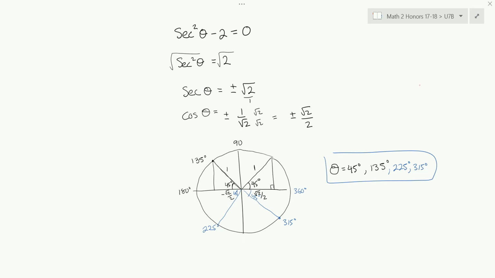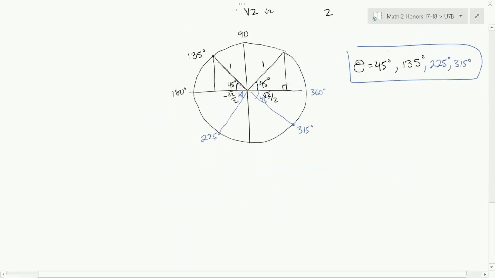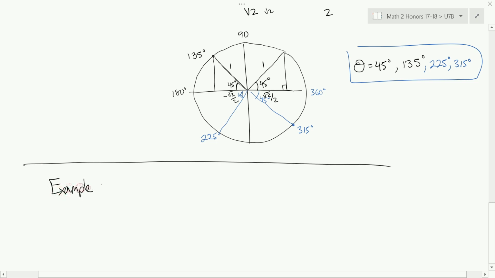Okay, so let's try another example. This time we're going to do it in radians. Example 3.